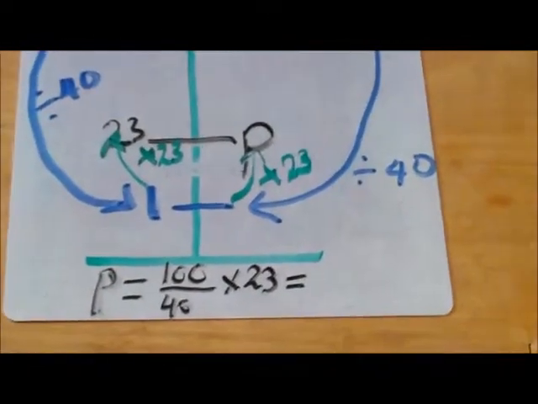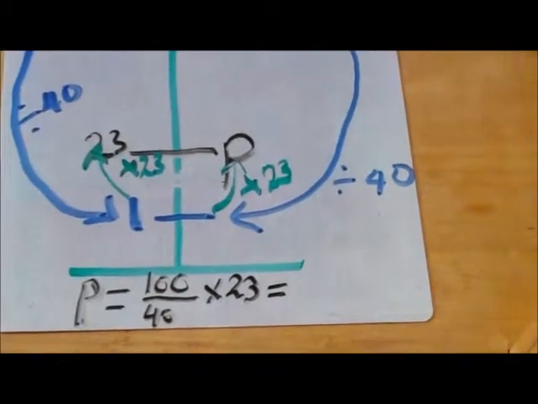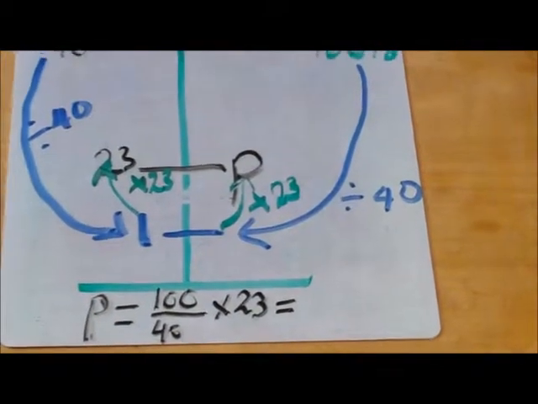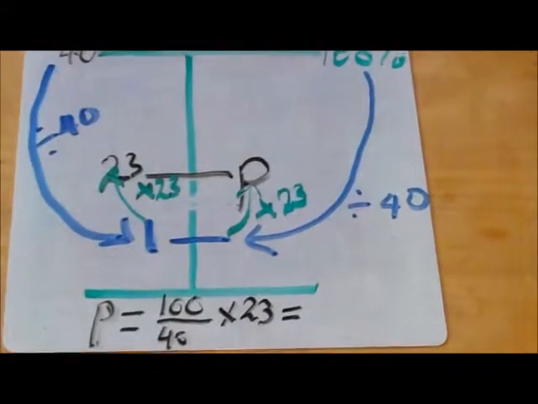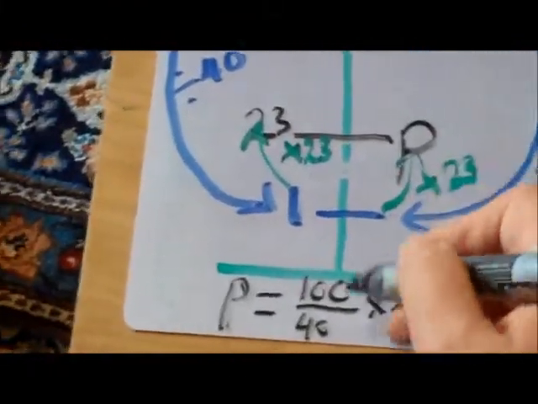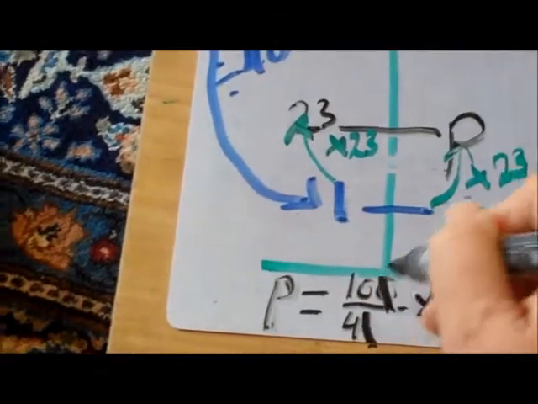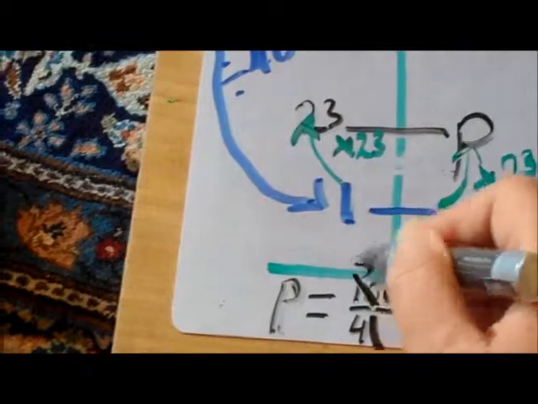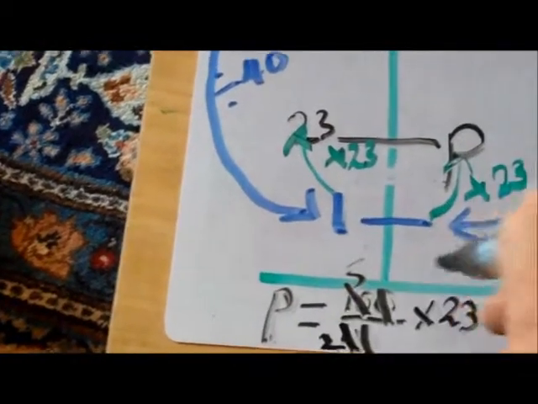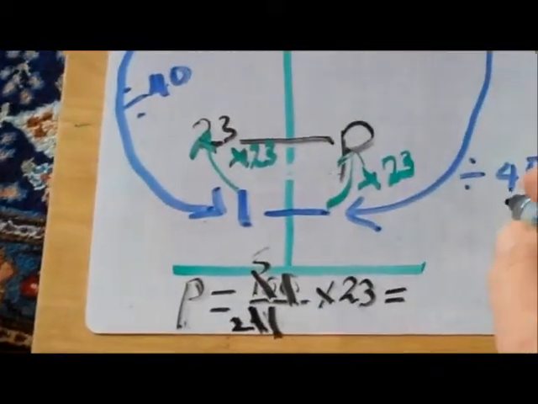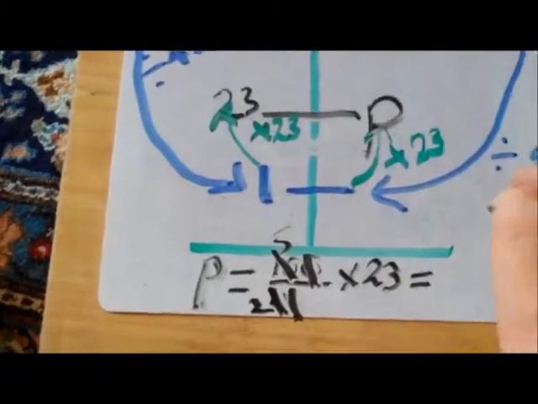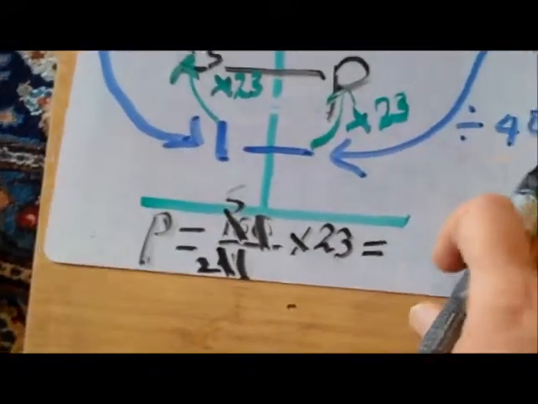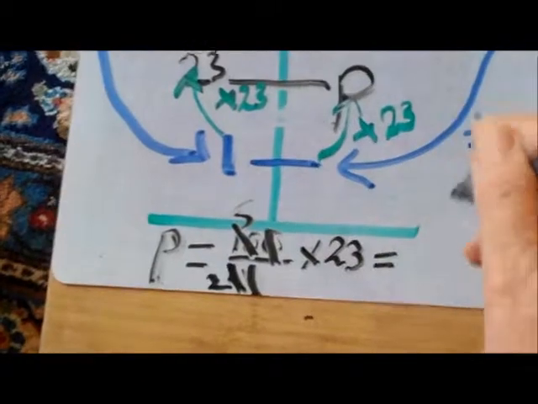So we can leave it as, well, I could cancel, so I could do that and that. How many times does 2 go into that? 5. How many times does 2 go into that? 2. So 5 lots of 23 over 2. 5 lots of 20 is 100. 5 lots of 3 is 15.